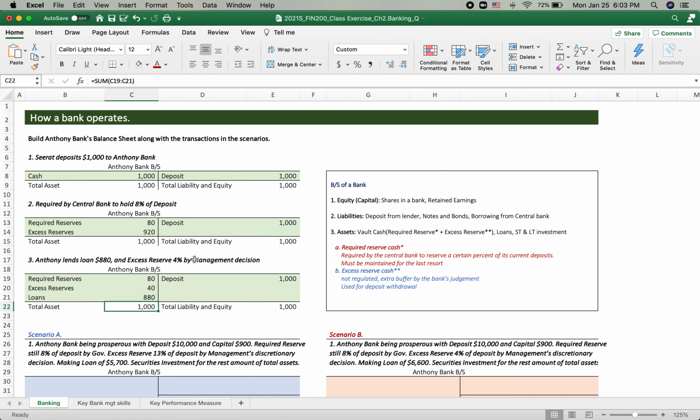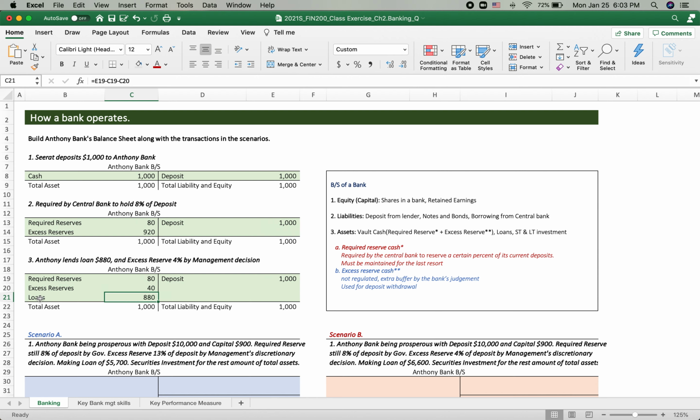Okay, this 4% excess reserve is determined by the management decision, management discretion. So you can increase excess reserve to prepare for a sudden withdrawal from deposit, like 50 or 60, whatever. But by this amount, the bank should reduce the loan, right?